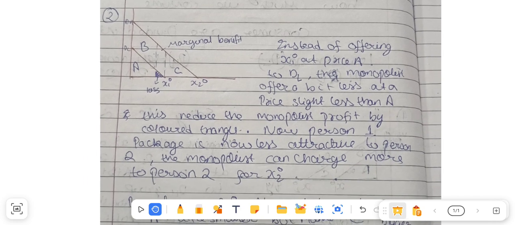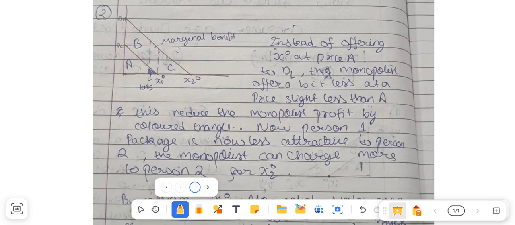Now here is the second graph. In the first graph we saw that the monopolist was offering x1 unit of good at price A to the low demand group and x2 unit at price A plus C to the high demand group.